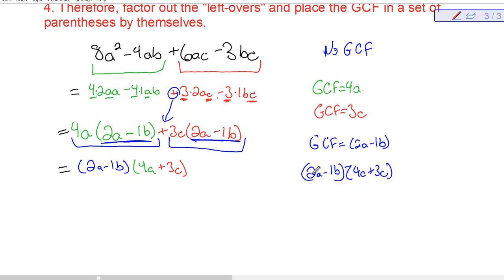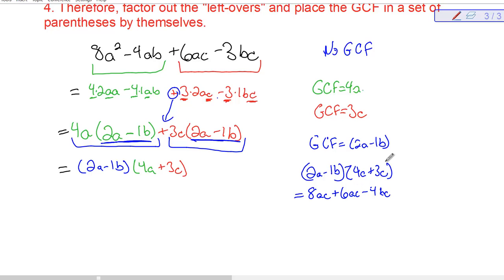And if I multiply this, that's saying I'm going to take 2a times 4c, which is going to give me an 8ac. Then I'm going to take 2a times 3c, which is going to give me a 6ac. Then I'm going to take a negative 1b times 4c, which is going to give me a negative 4bc.